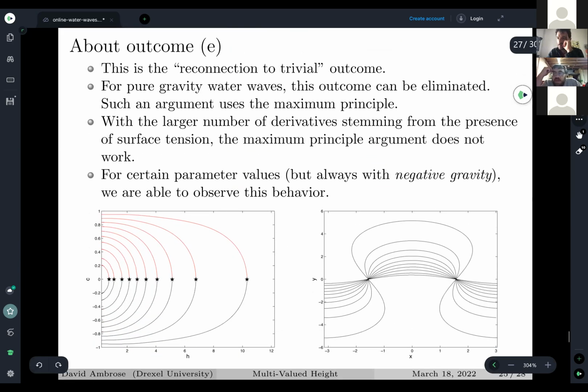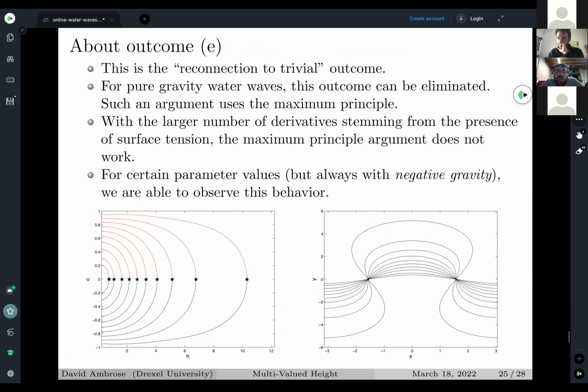Okay, outcome E we think is the most interesting. This is the reconnection to trivial outcome. The reason we think this is the most interesting is that this does not occur for pure gravity waves. For pure gravity water waves, you can do a maximum principle argument to eliminate this outcome. You can say that this reconnection to trivial does not happen for pure gravity water waves.